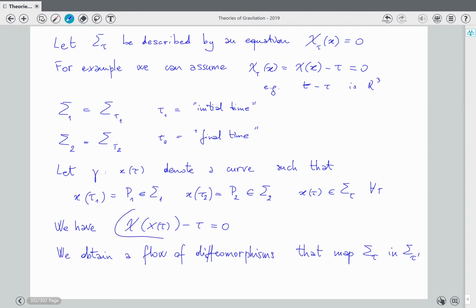Let us take this formula and differentiate it with respect to tau.